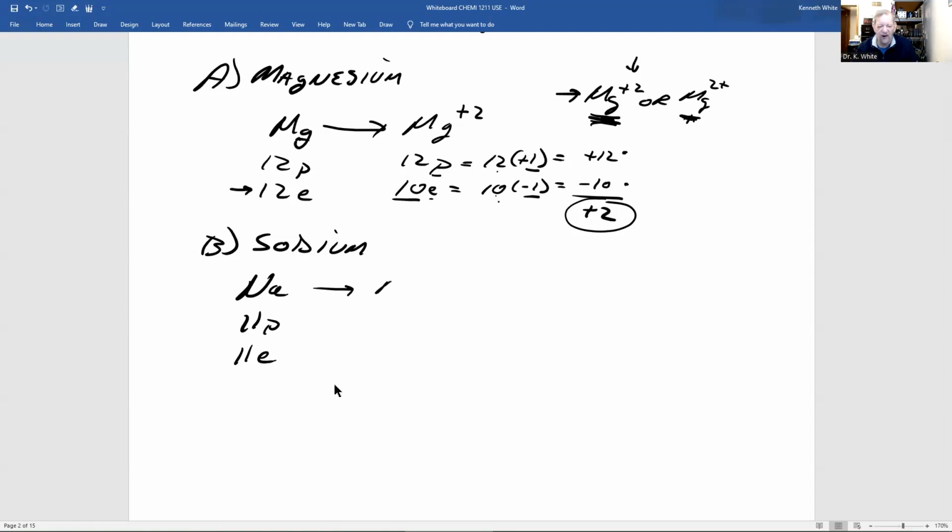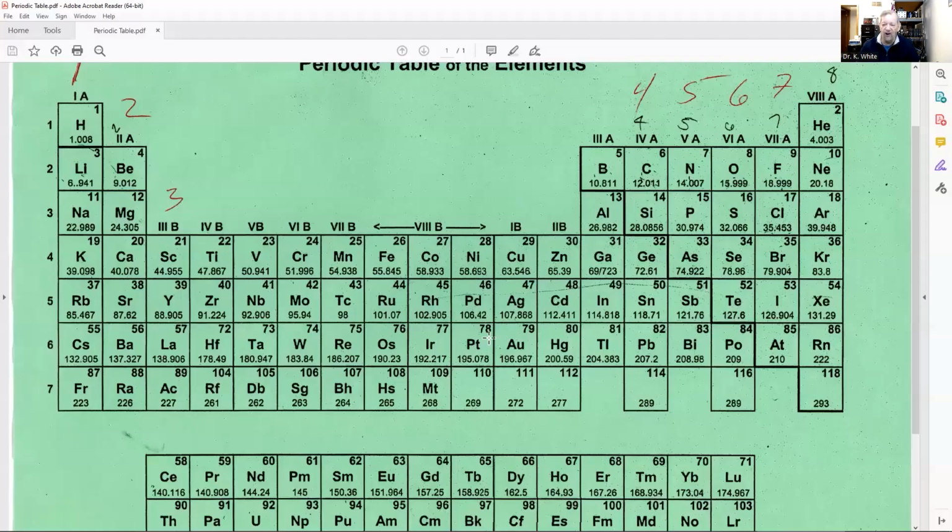And it wants to go to the nearest noble gas, with the same number of electrons as that noble gas. Now, the number of protons never changes, but this is going to change. How do we find that out? We look for what's the nearest noble gas to sodium, Na, atomic number 11.